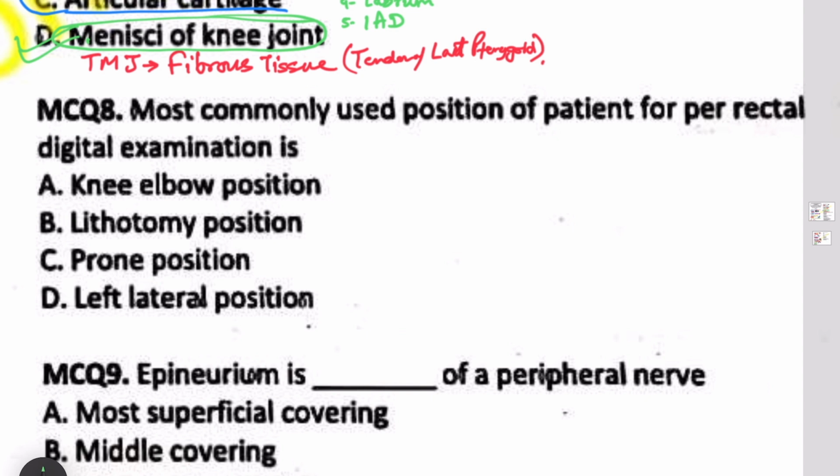Actually, the knee elbow position is like this, I should draw it like this. Now in the knee elbow position, per-rectal digital examination is no doubt the ideal way. It can be done, no doubts.